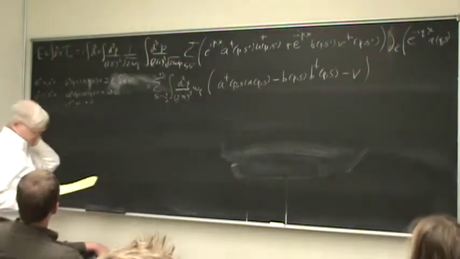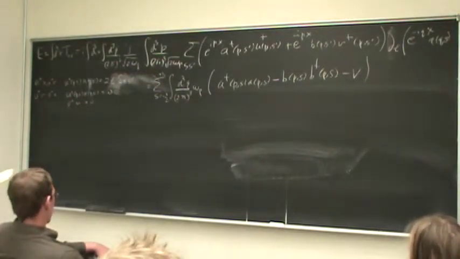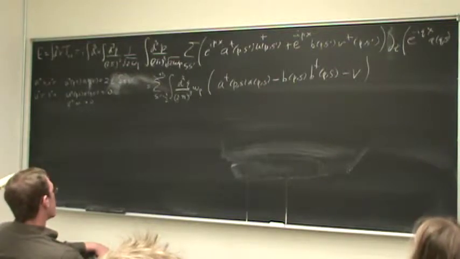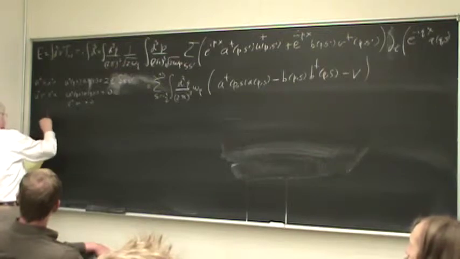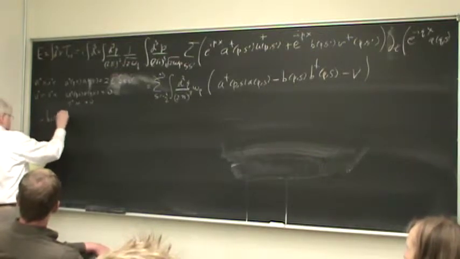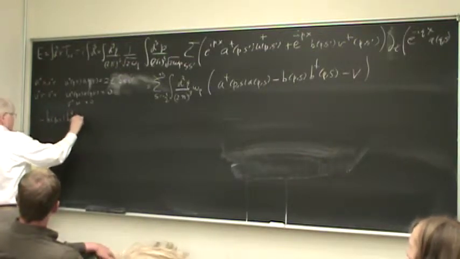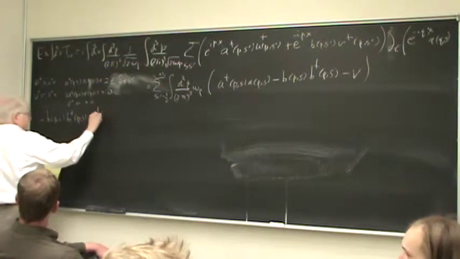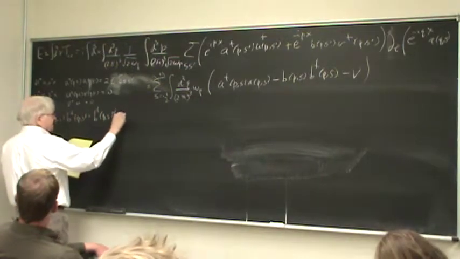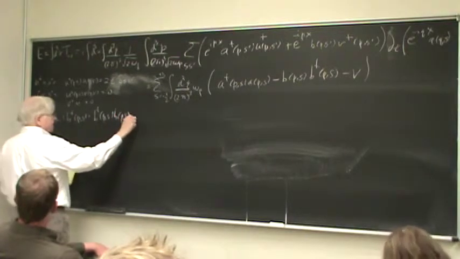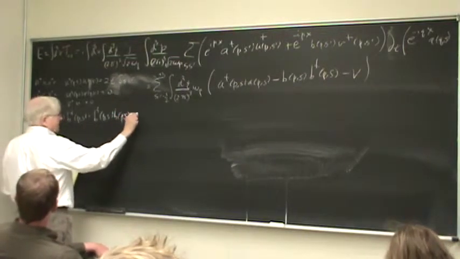I don't know if it was Dirac, perhaps, who straightened them out. But anyway, they figured out that, in fact, minus b(p,s) b†(p,s) should be b†(p,s) b(p,s), and the term is minus.